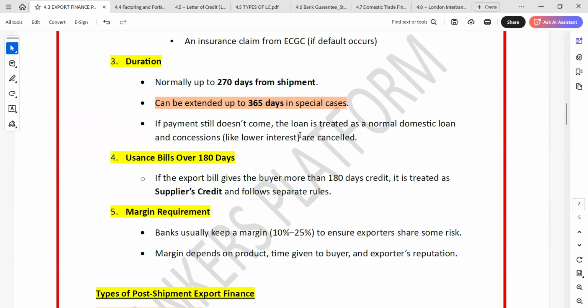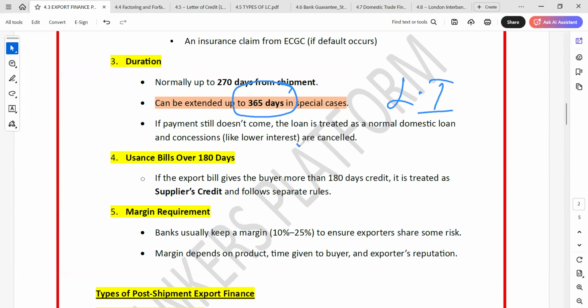If payment still doesn't come, the loan is treated as a normal domestic loan and concessions like the lower interest rate are cancelled. So you have to remember this. If the payment is not coming within 365 days, whatever lower interest rate was applied on the export credit, those benefits will be cancelled.